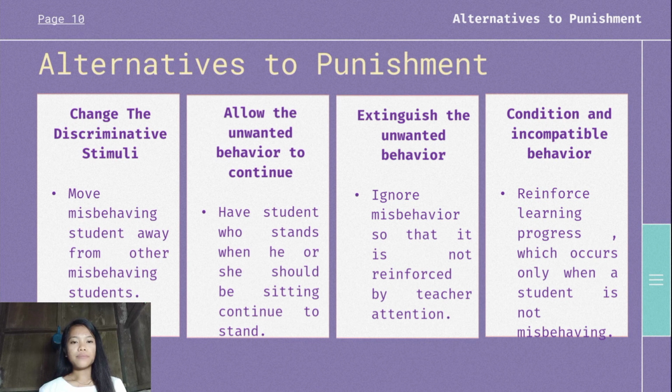Allow unwanted behavior to continue: have students who should be sitting continue standing. Extinguish unwanted behavior: ignore misbehavior so that it is not reinforced by teachers' attention. Condition an incompatible behavior: reinforce learning progress, which occurs only when a student is not misbehaving.